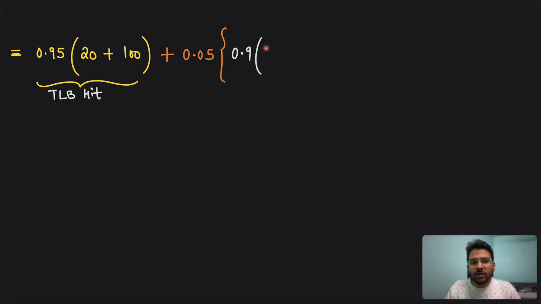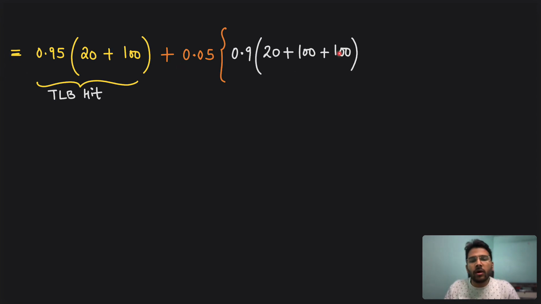If there is no page fault, then TLB access time, definitely you had to access, plus the page table lookup time, that is again 100 nanosecond, because page table also resides in the main memory, and there is only one level of page table, so just 100, plus you can directly get the data. Is it clear so far? This is how you are going to do it. So that was the case when there is no page fault.